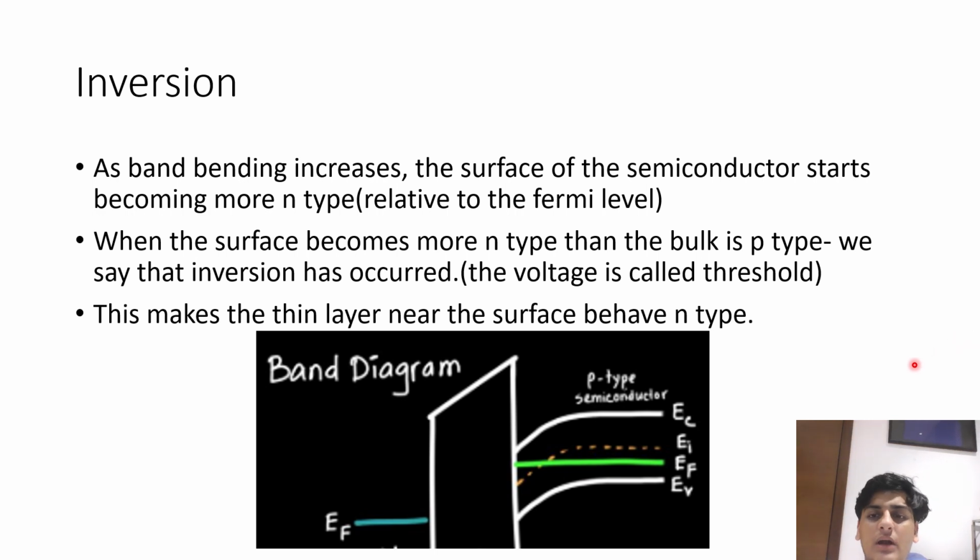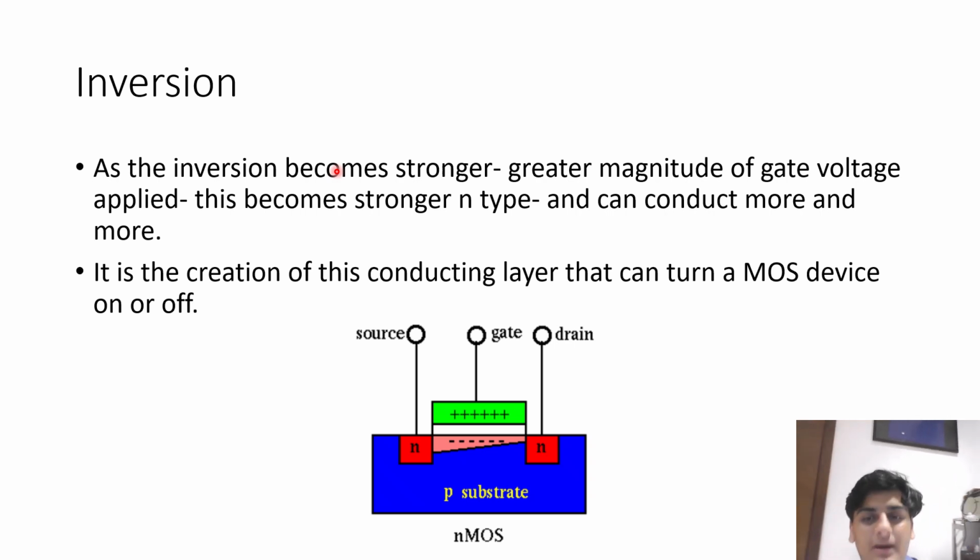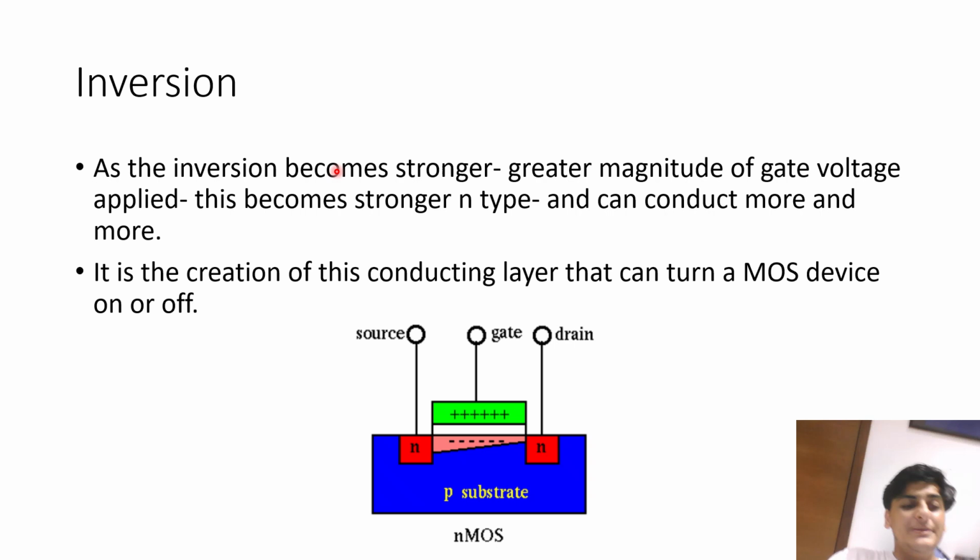So let's talk now about the consequences of this phenomenon. When you have this inversion, you can continue increasing the gate voltage, which is going to make the band bending even more, which is going to take your Fermi level closer to your conduction band, which means that it's going to become even more strongly N type, which means that at some point it's going to become very highly conducting.